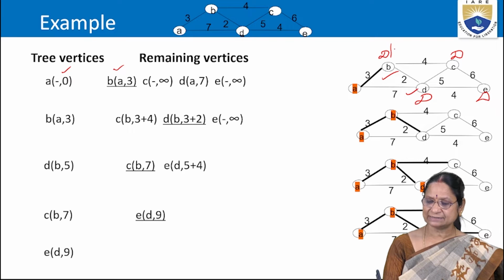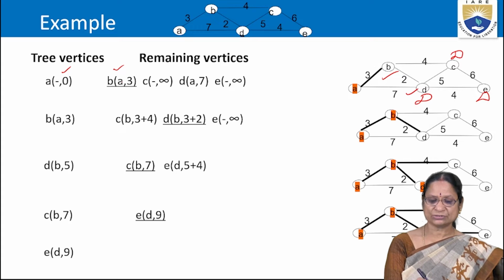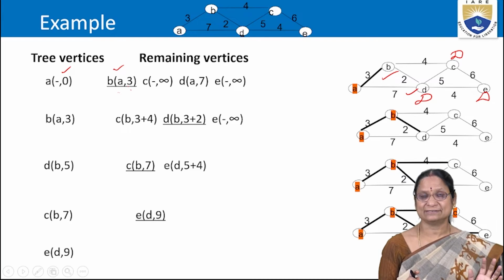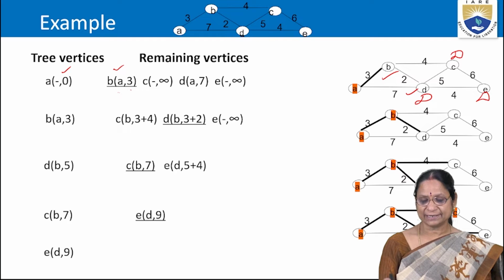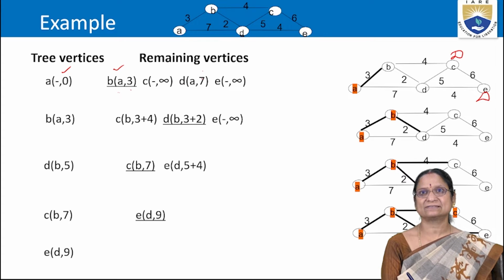So infinity is updated with 3. You write B as A comma 3, meaning A is the parent or predecessor, and the distance reachable to B is 3 through parent A. Now for D, again a direct edge is there. That means through parent A I can reach D with a distance of 7.